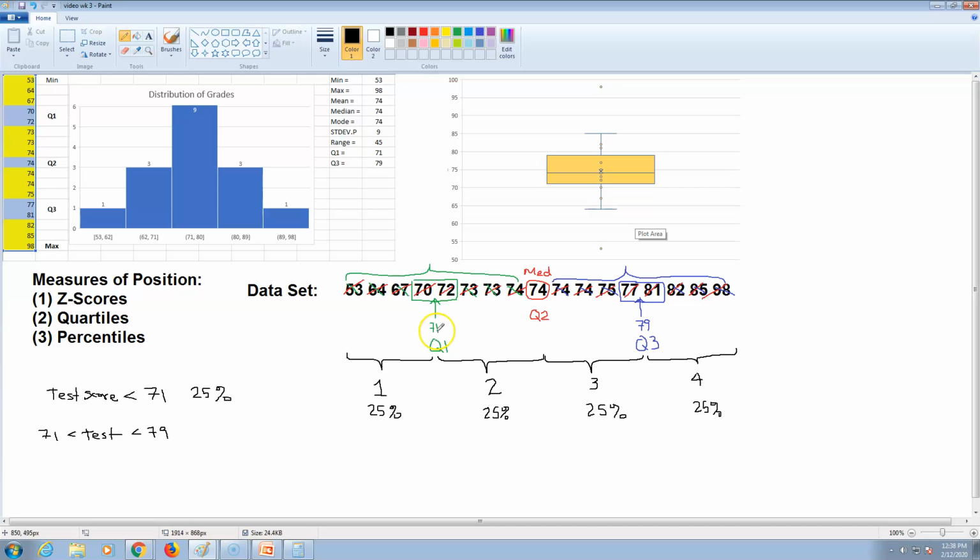So I'm interested in between 71 and 79. I had 2 quartiles, 2 groups. Each of those groups is 25%. So we're talking about 50% of all of these students got a test score between 71 and 79. And I can keep asking you similar questions about basic probability using quartiles. I hope this helps.